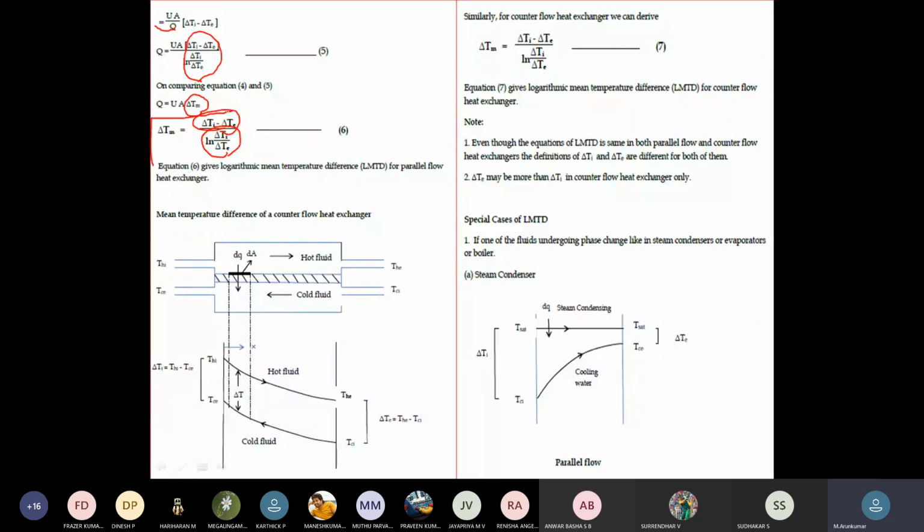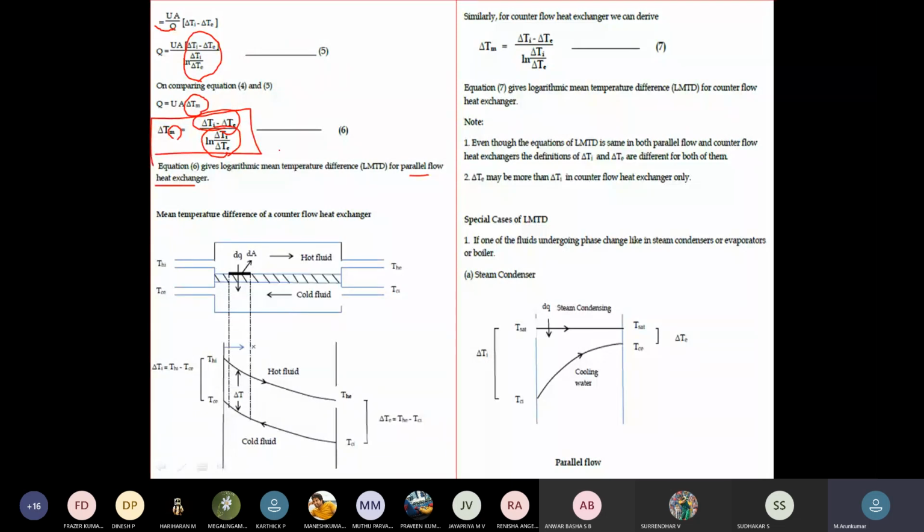This is the final equation of the logarithmic mean temperature difference, LMTD, for a parallel flow heat exchanger. Here LM or m stands for logarithmic mean, and it may be denoted as LM, m, or LMTD. So delta Tm, the logarithmic mean of temperature difference, equals delta T inlet minus delta T exit, divided by ln(delta T inlet / delta T exit). This is the equation for a parallel flow heat exchanger.